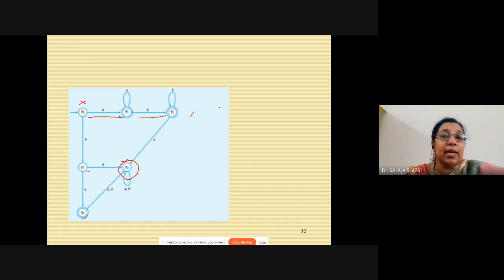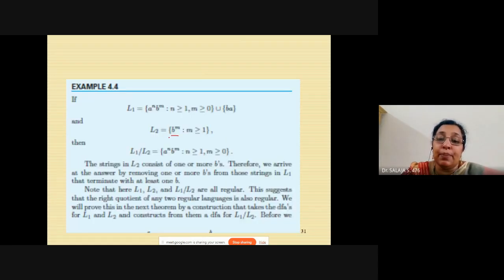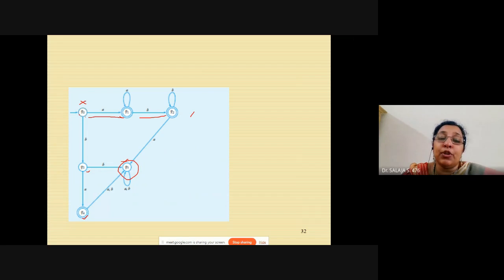We are supposed to identify the new final states, for which we have to consider the strings generated by L2. The strings generated by L2 will be B, BB, BBB, and so on, since it represents B^M, where M is greater than or equal to 1. From Q0, you have only a transition on B to Q3, which is a non-final state. Therefore Q0 will not act as a final state.